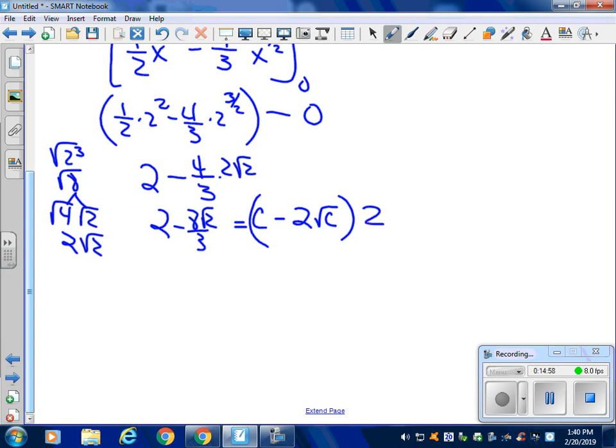Can I do something with that 2 on the outside that might make the other side look more simplified? Can I divide these by 2? Yeah. You can divide 2 by 2 and get 1, and 8 divided by 2 is going to put a 4 on the top. Because when you divide by 2, it divides into the top.